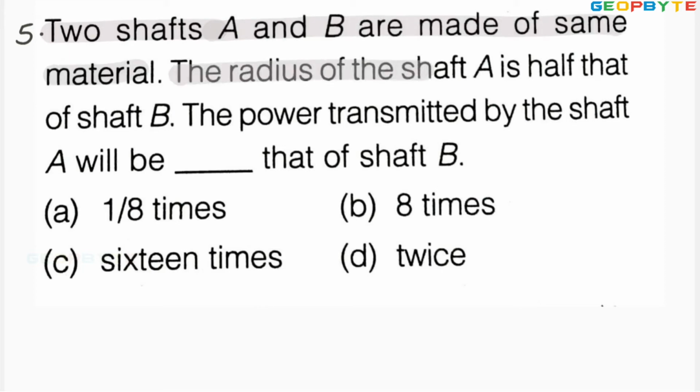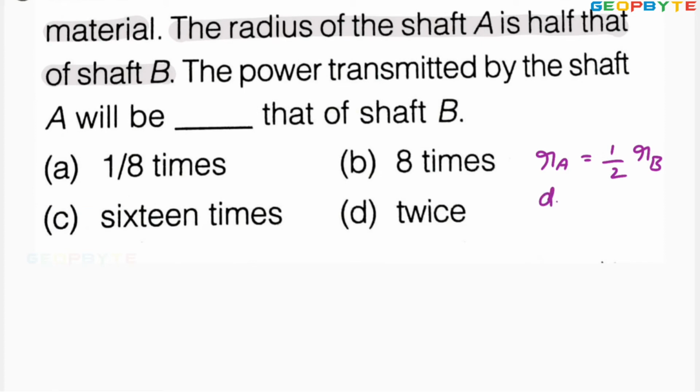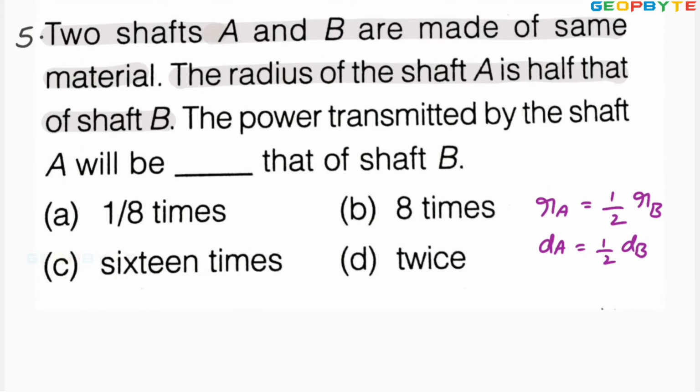The radius of the shaft A is half of that of B. The radius of shaft A equal to half of the radius of the B. If so, I can write that diameter of the shaft A equal to half of the diameter of the B. That condition to be satisfied while you are solving the problem. Next, the power transmitted by the shaft A will be dash times that of B.